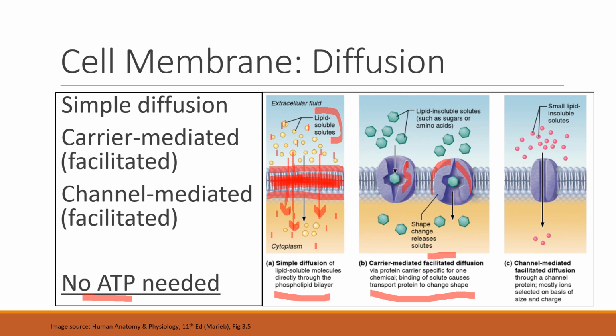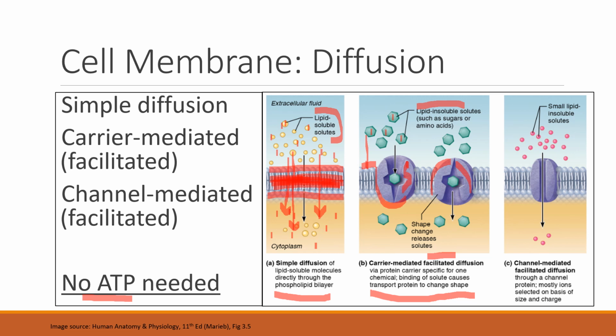You have these sugars or amino acids sitting out here. These are lipid insoluble, meaning the particles themselves aren't able to pass through that membrane. So it has to get in somehow.